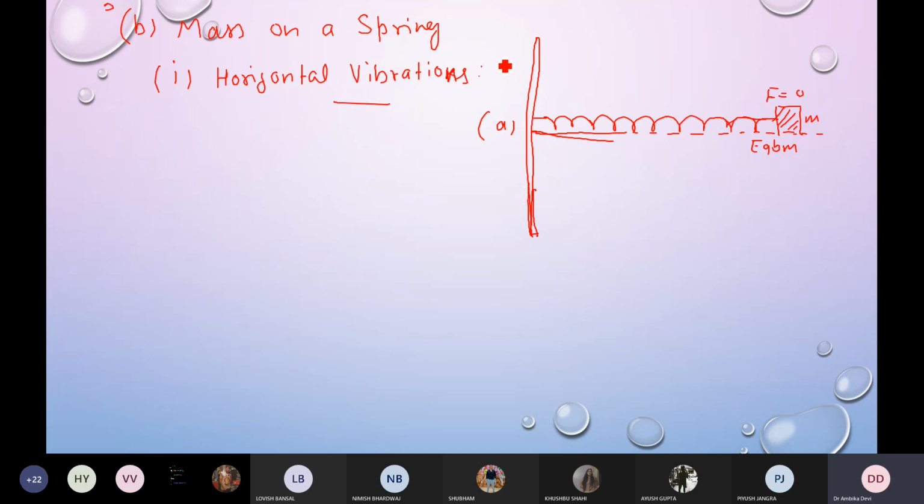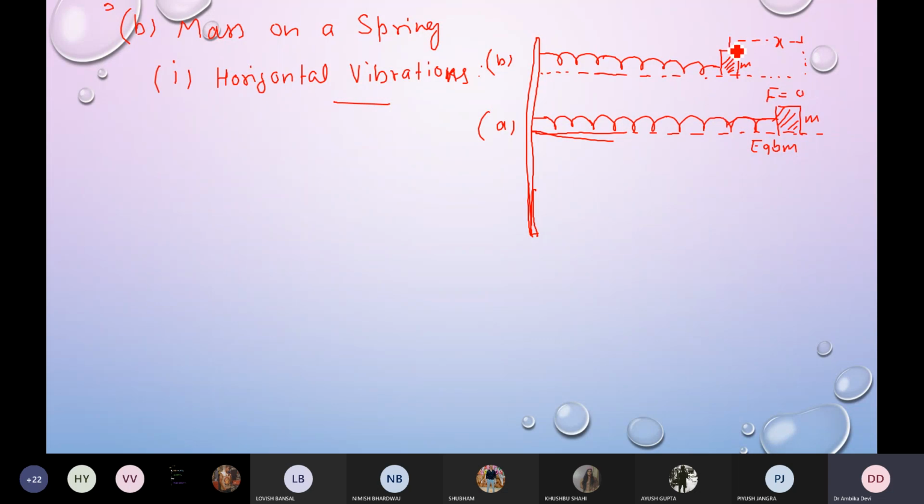Now the second situation is, let us say we have compressed the spring, and now the situation is just like this. This is the mass, and here we have compressed the system by x. So x is the displacement taken on the negative side.